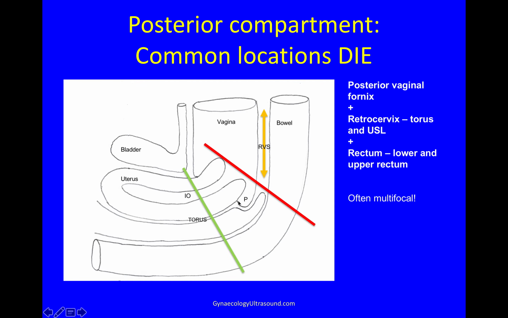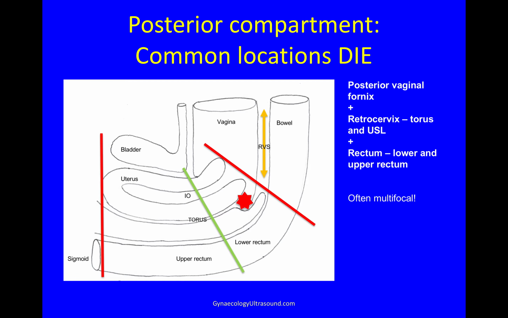Here is the posterior vaginal fornix, where I often see endometriosis. This is the peritoneum lining the pouch of Douglas. This line separates out lower rectum from upper rectum, and that is at the point of the uterosacral ligament insertion on the cervix. And any bowel that's beyond the level of the uterine fundus is called sigmoid.